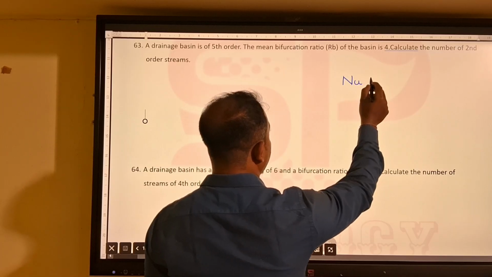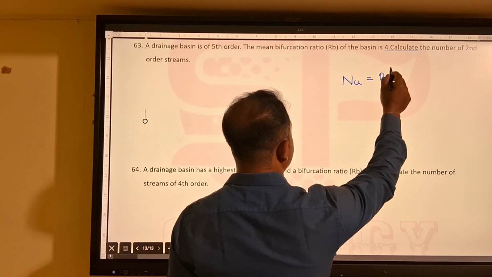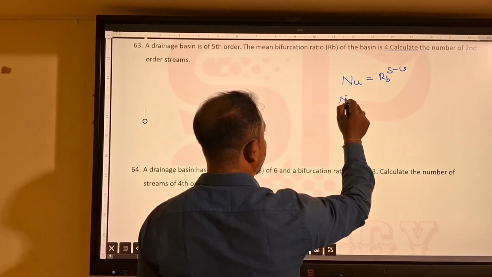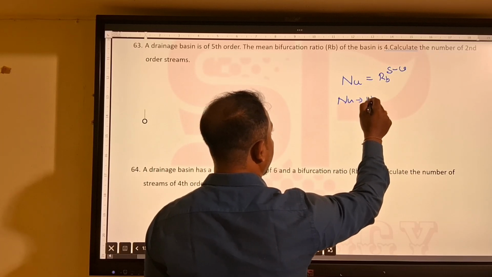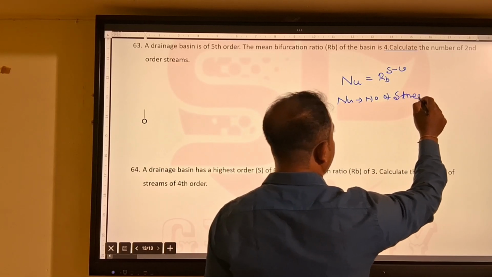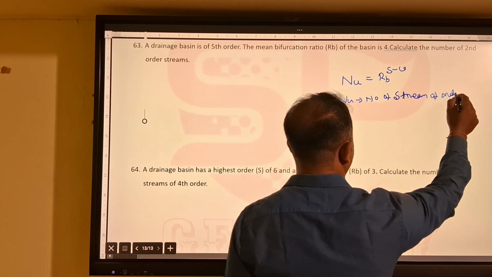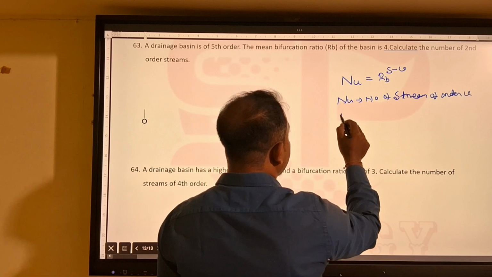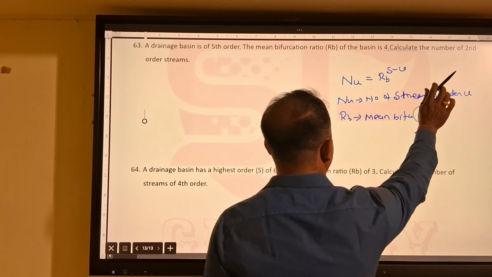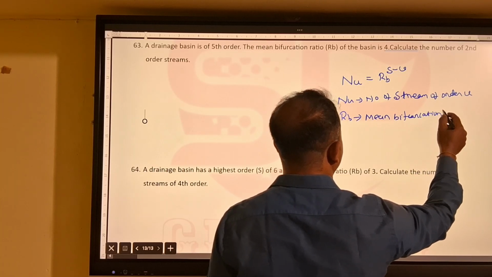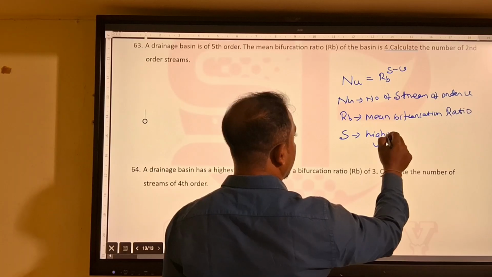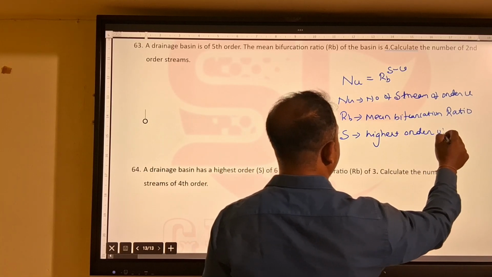The number of streams of order U, NU, will be equal to the mean bifurcation ratio RB to the power S minus U. Here NU is the number of streams of order U, RB is the mean bifurcation ratio, and S is the highest order of the basin.